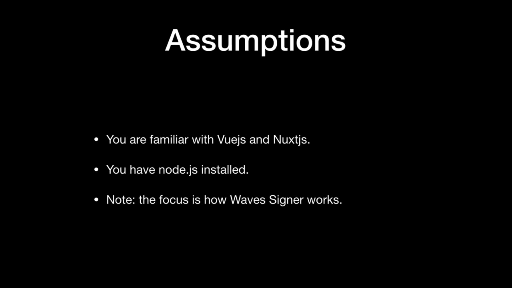So I'm assuming you are familiar with Vue or NuxtJS, and you also have Node.js installed on your system, because Wave Signer is an npm package, so you're going to need Node in order to install it. And the focus for this video, guys, is on Wave Signer. So do not really bother about my tech stack, whether I'm using Nuxt or React. It's going to be almost the same experience across all front-end development frameworks.